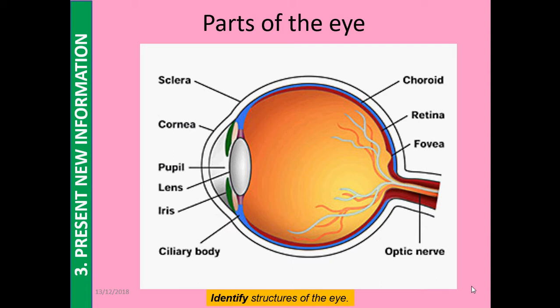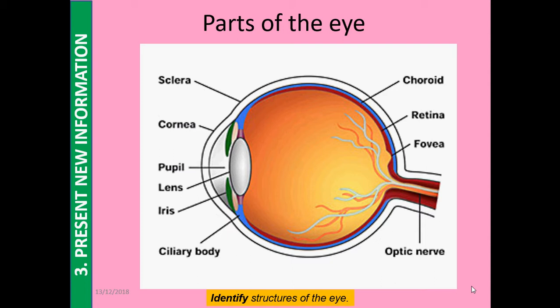We've got the lens, which is able to change shape again for changing the refraction of light, and this is to focus on close and distant objects. The iris has two lots of muscles, the circular muscles and the radial muscles, and we'll look at how they adapt to change the size of the pupil.